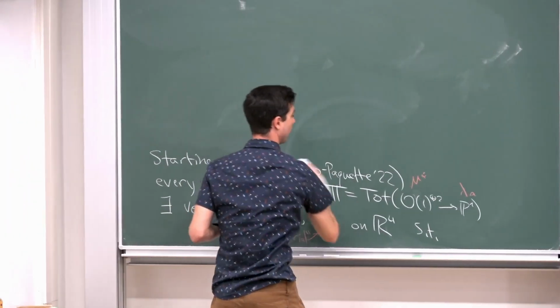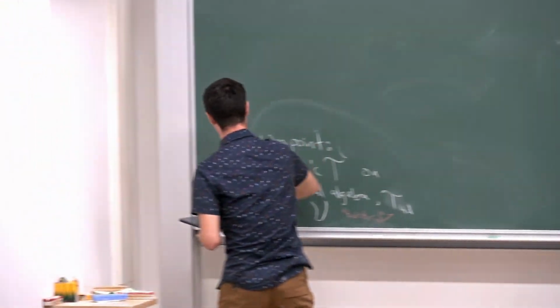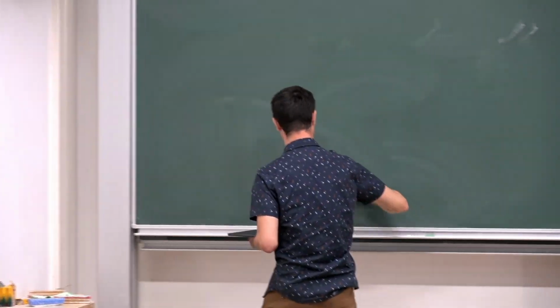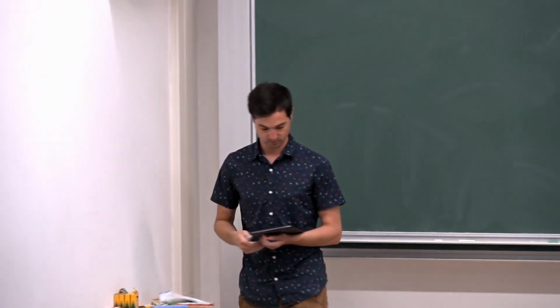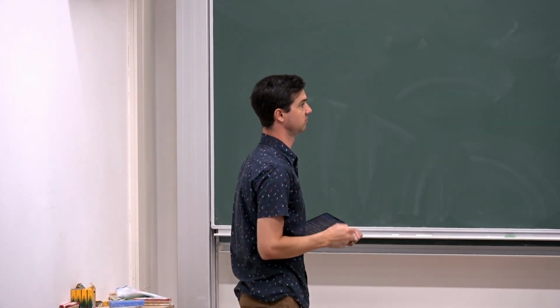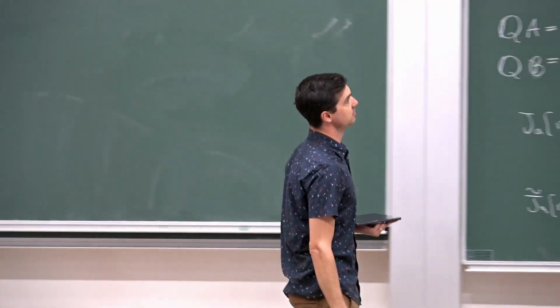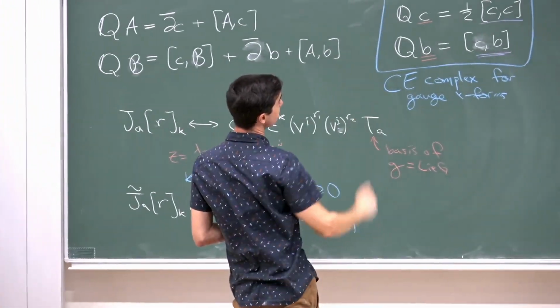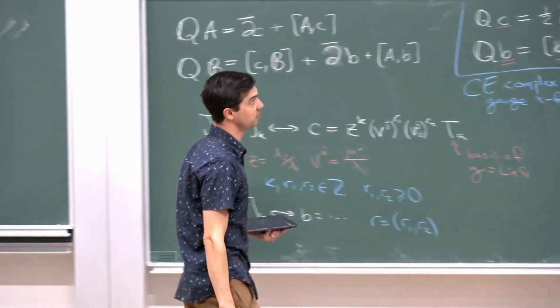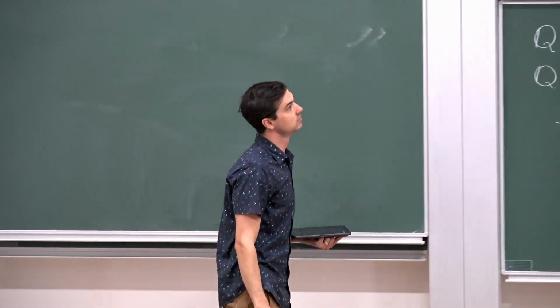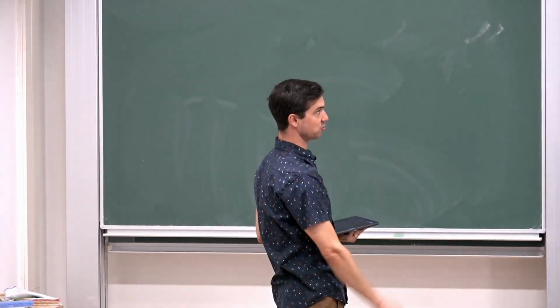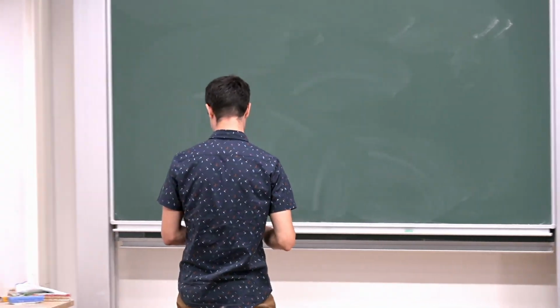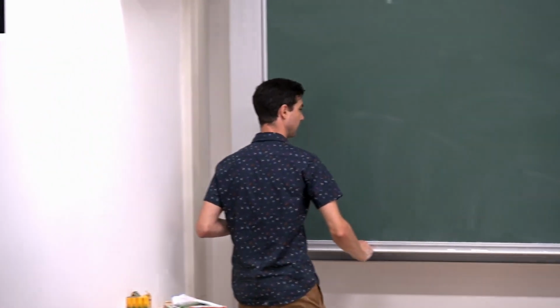So let's go back to our running example of holomorphic BF theory and just sketch what it looks like. Just a reminder, the equations of motion say that we have some holomorphic G bundle on our manifold together with an adjoint valued holomorphic section B. So let's digest that a little bit.